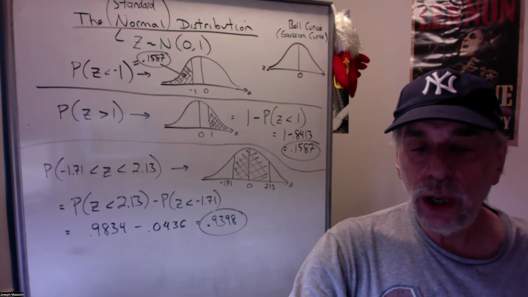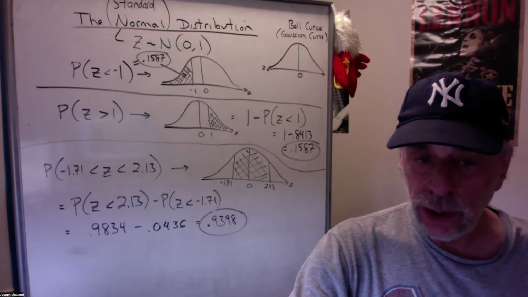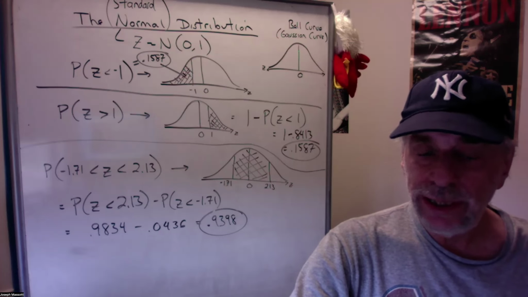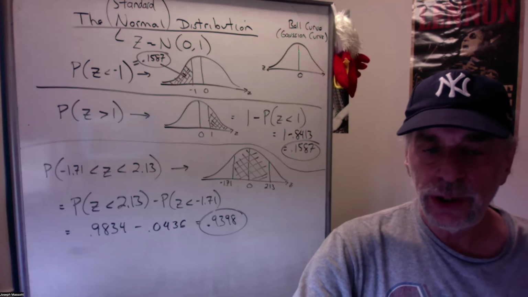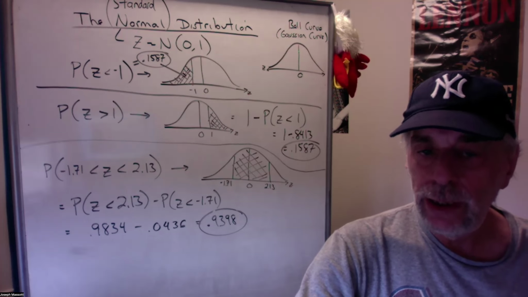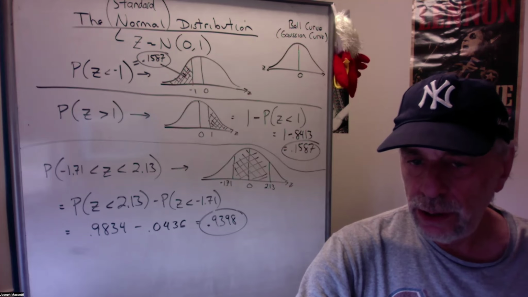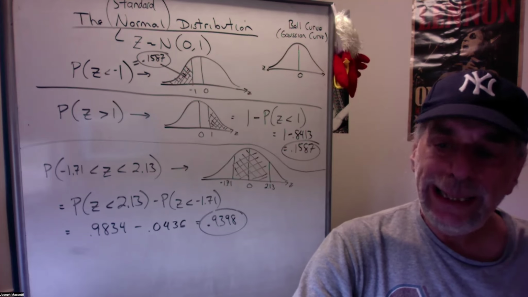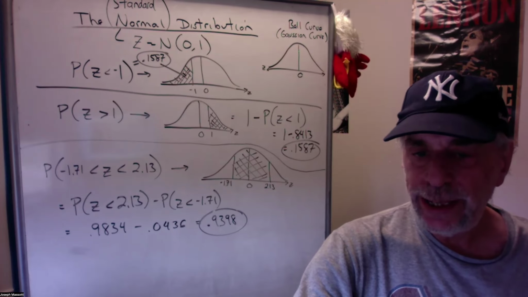And lastly, when we're talking about the probability between two numbers, so here we want to know what is the probability that in the standard normal distribution you get a value somewhere between negative 1.71 and positive 2.13. So we're looking at this picture here. So the way you do between questions, again, think logically here. We want this shaded area.